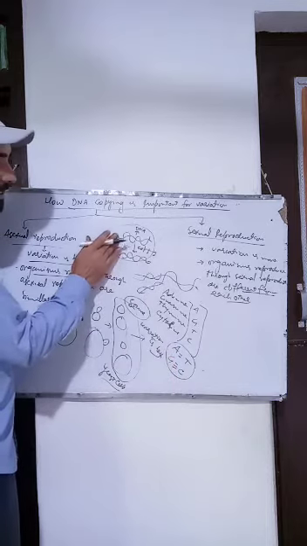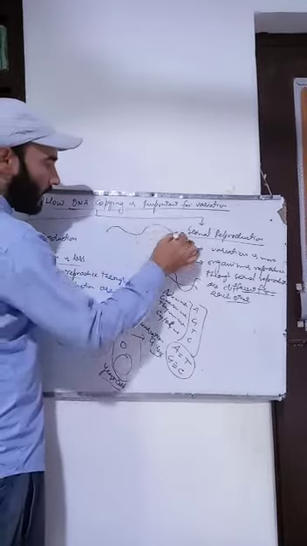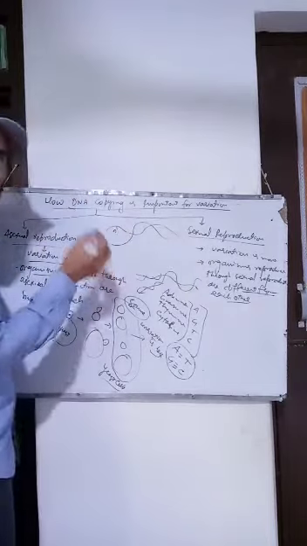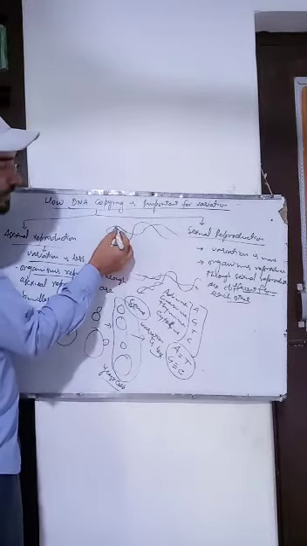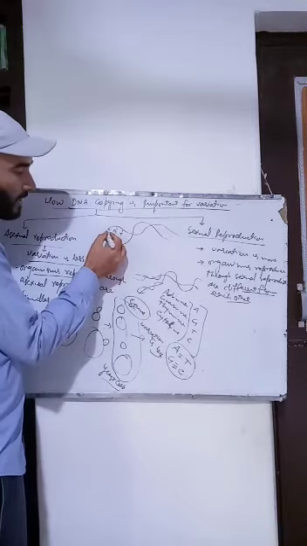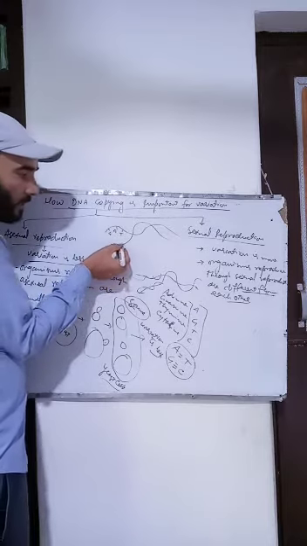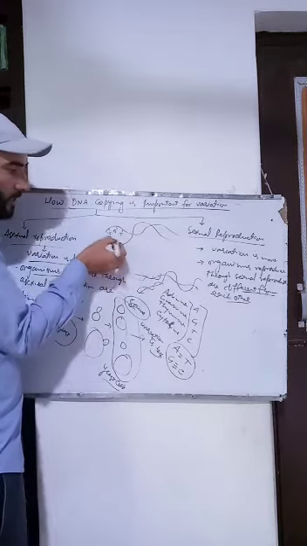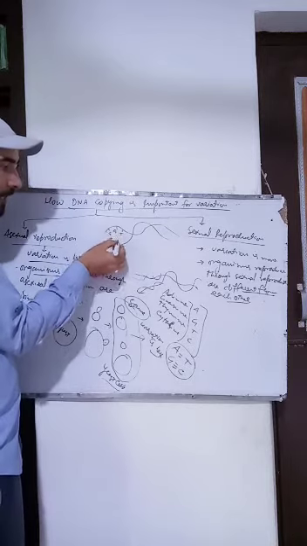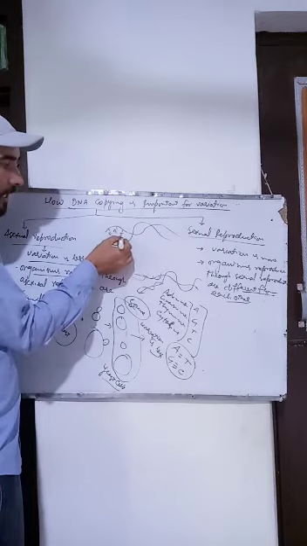For example, in a DNA like this, if you know the bases in one strand, A, T, G, you can easily guess the bases in the next strand. G always pairs with C, so here must be C. A always pairs with T, T always pairs with A, like this.